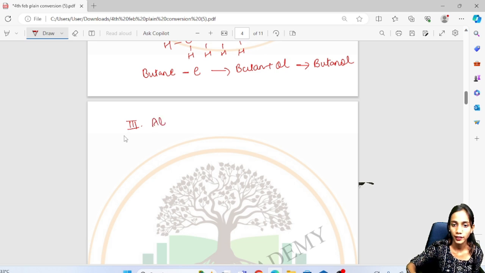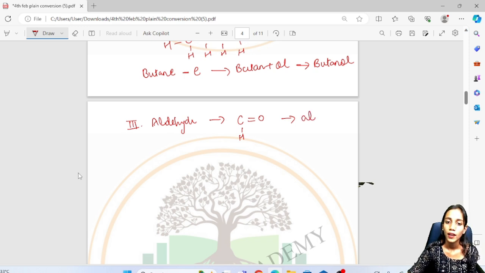Now the next one is an aldehyde. For the aldehyde the formula is C double bond OH, and the suffix to be added is AL.